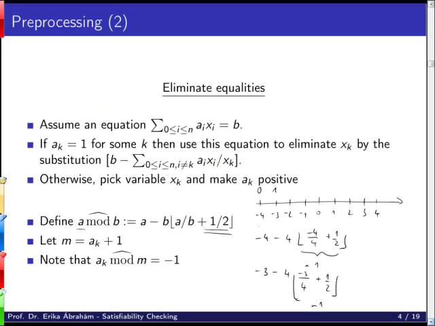By minus 2, we have minus 2 minus 4 times minus 2 divided by 4 plus 1/2. So this is 0. That's why it is minus 2.